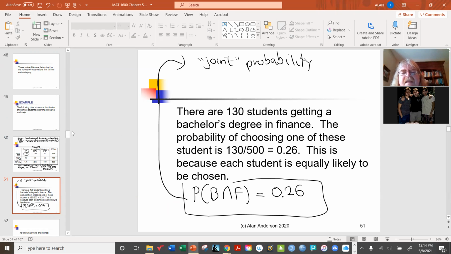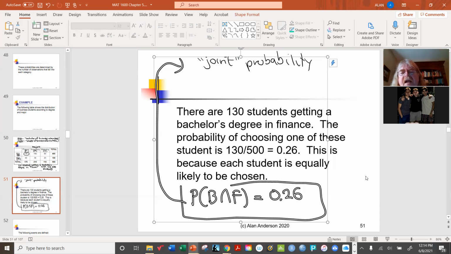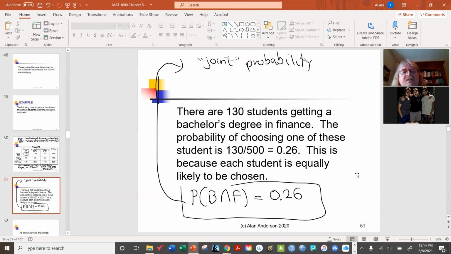All right, so that is what this table is really all about. It's called a joint probability table because it shows all the different joint probabilities, of course. And we can easily calculate these by just counting how many people fall into each category out of the grand total of 500.